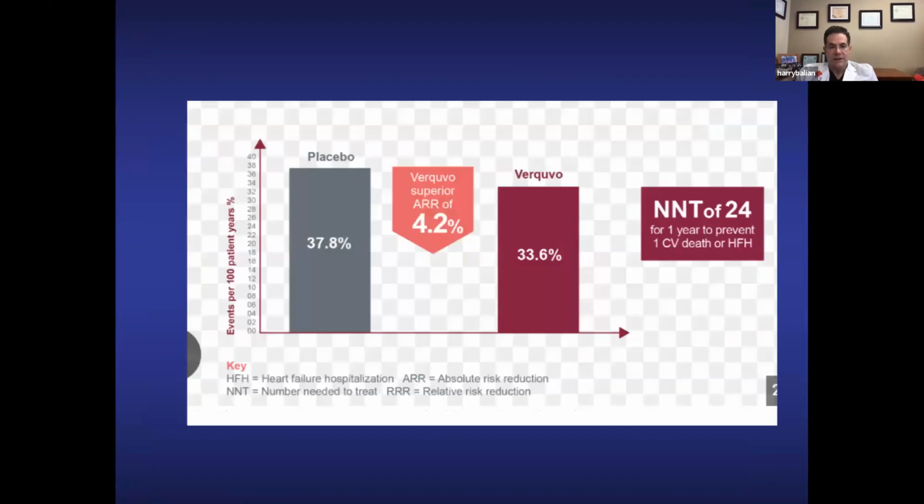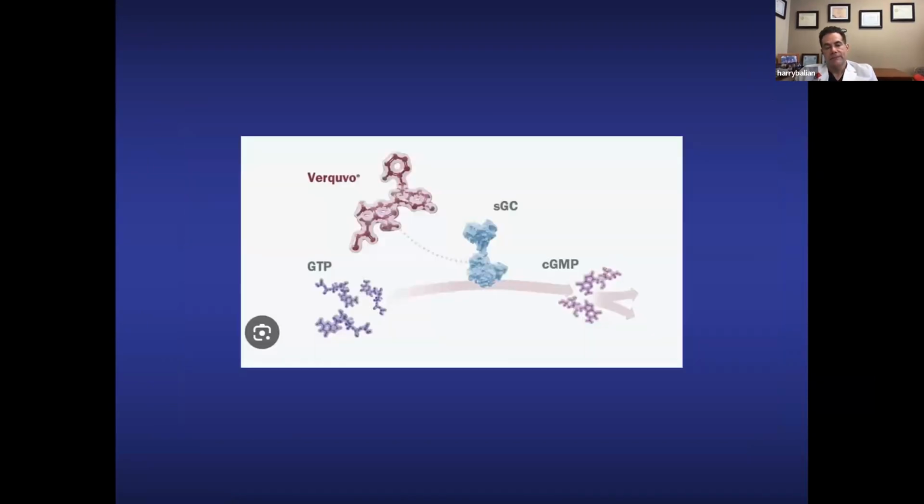And looking at the studies here, patients on placebo versus Verquvo, there was an absolute risk reduction of 4.2% in patients on Verquvo, and the number needed to treat was 24 for 1 year to prevent 1 CV death in heart failure patients.